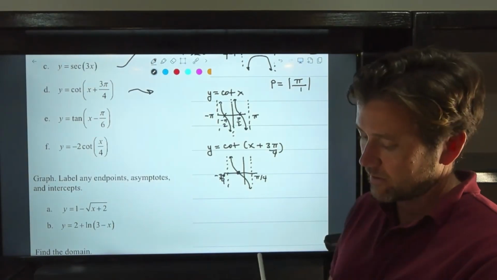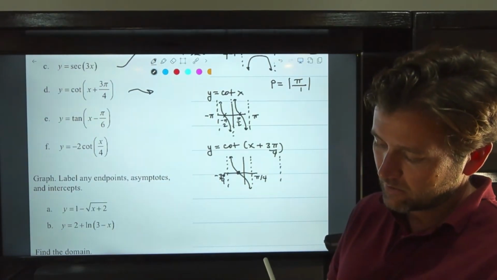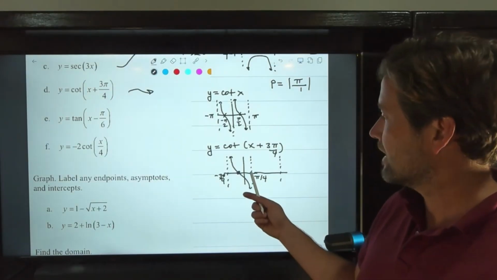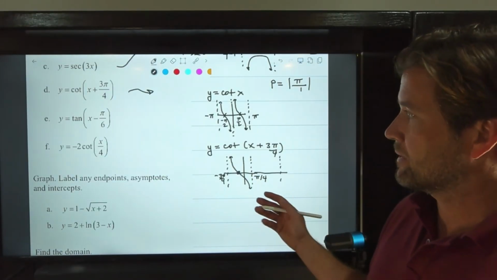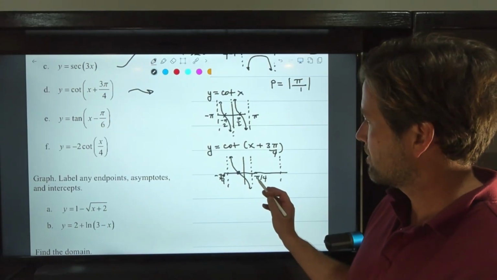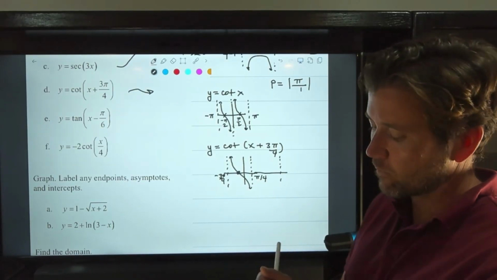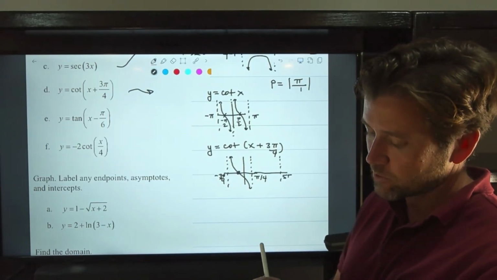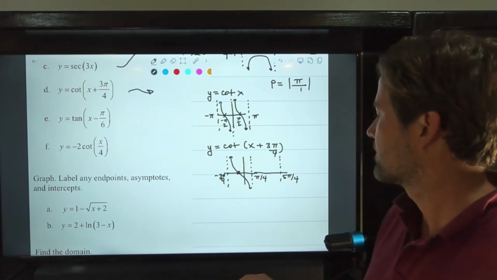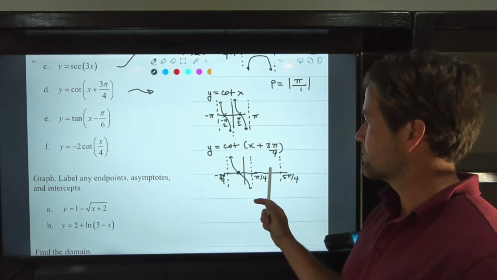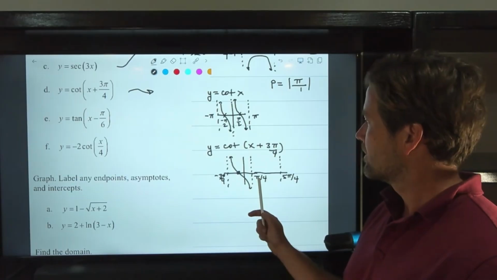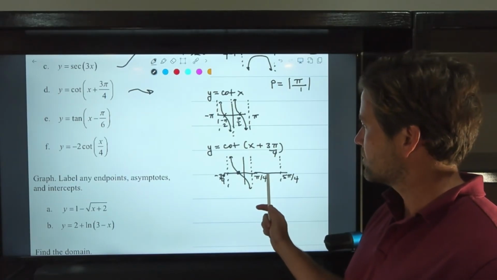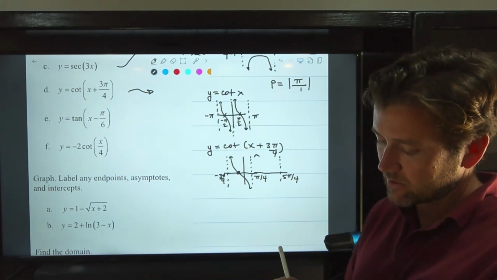Now, if I add pi again, because the period is pi, if I add pi over 4 plus 4/4 pi, I get 5/4 pi. So the asymptotes are a full period apart. Now, in the middle of these two asymptotes is the x-intercept here.